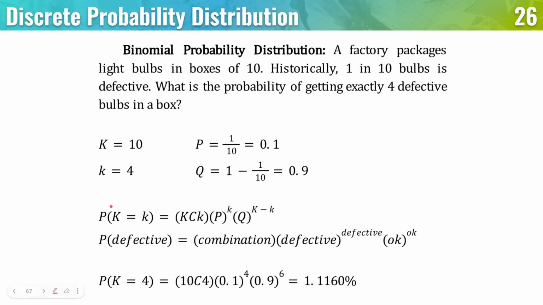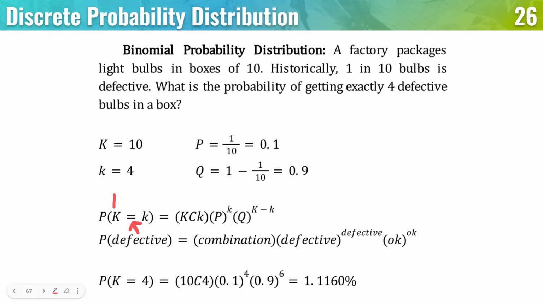So it is the probability of capital K equals lowercase k is equal to K choose lowercase k times p raised to k times q raised to uppercase K minus lowercase k. So let's see what exactly these letters mean. So this K equals k here basically means we're checking how many are defective.